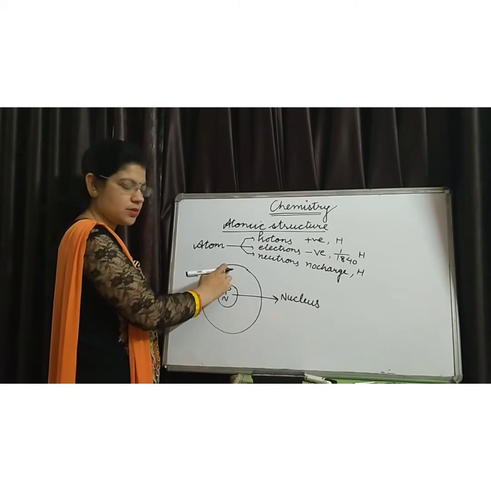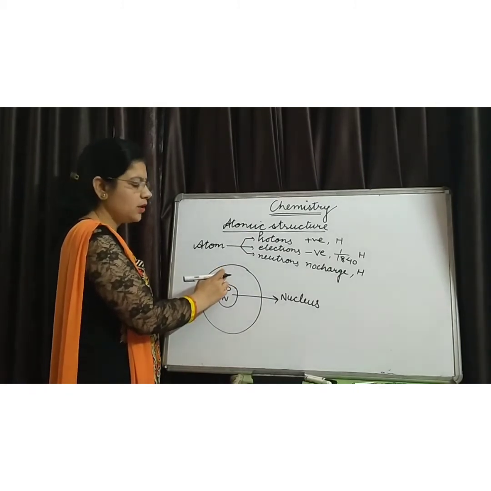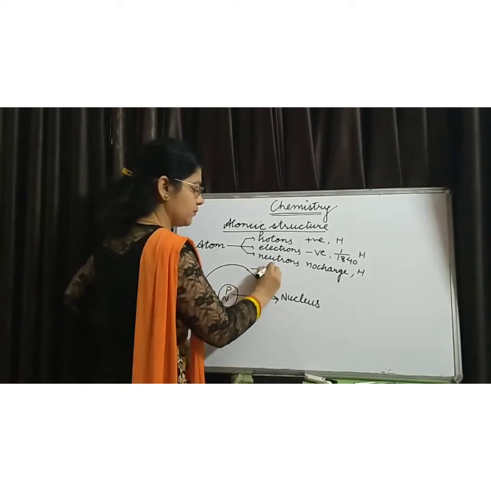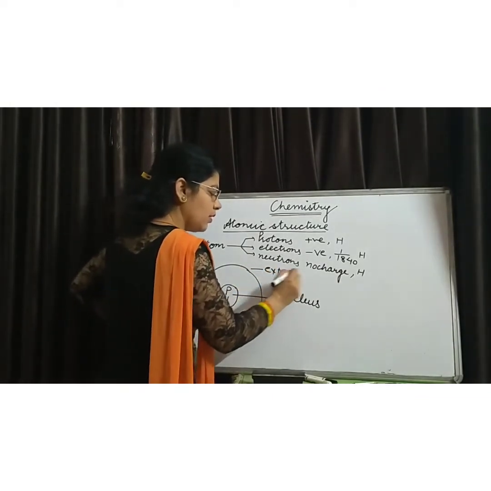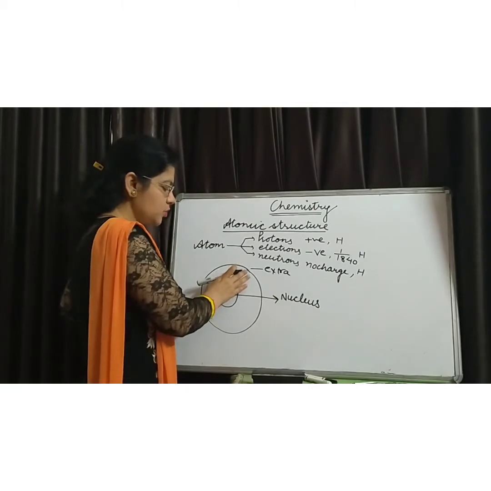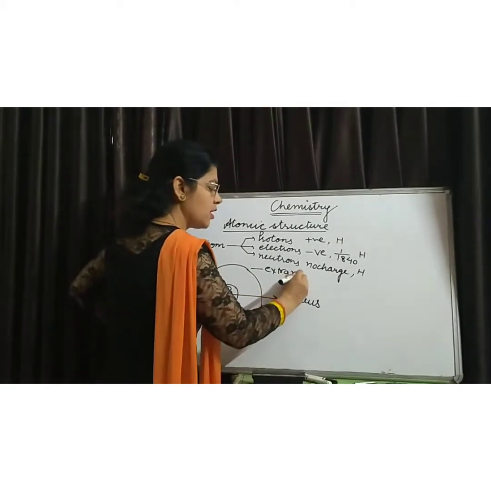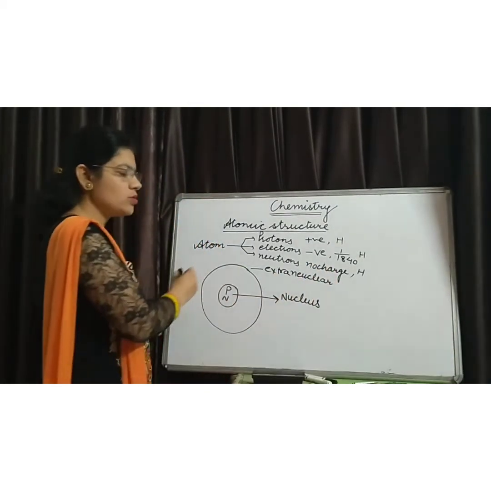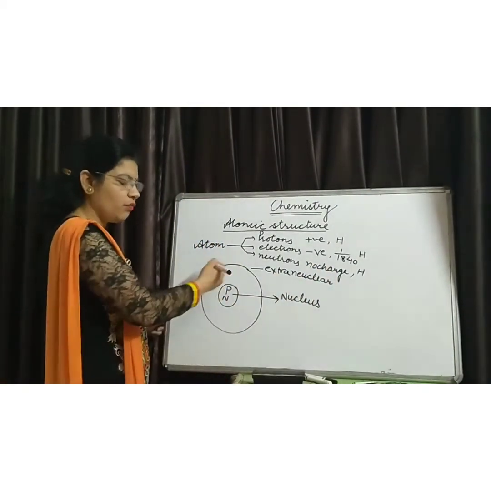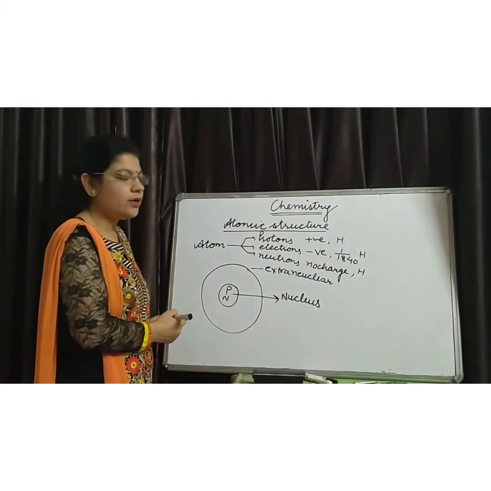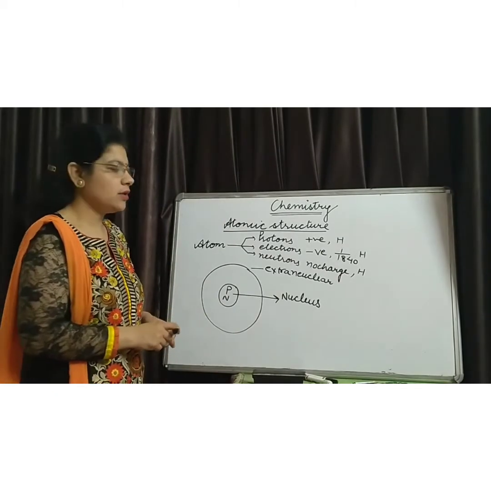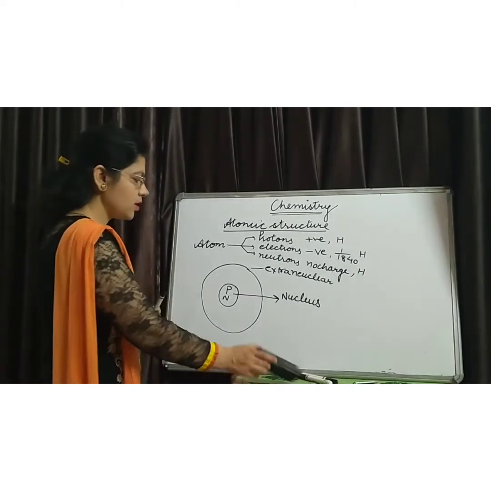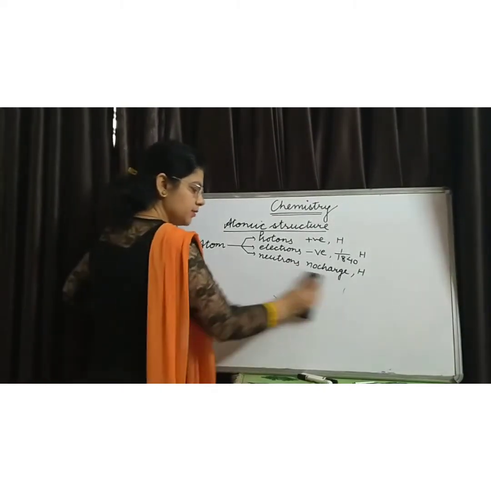Outside the nucleus, this part is known as the extranuclear part, in which all the electrons are revolving in different orbits, just like different planets revolving around the sun.